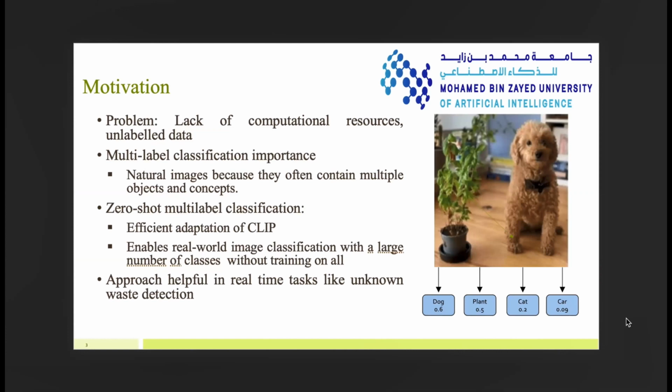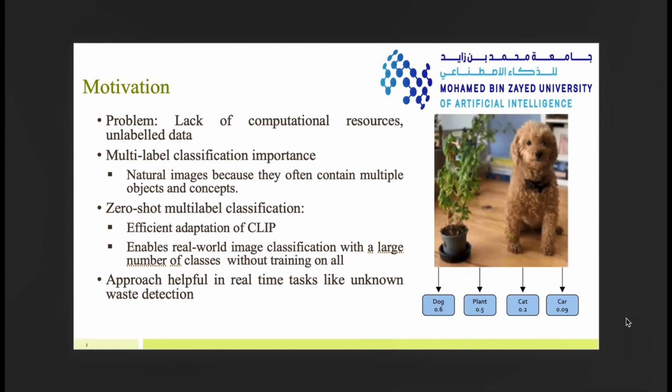On top of it, in the multi-label scenario, it gets more complicated because the same image can contain multiple unseen labels, and our task was to improve this recognition. This was basically our motivation to work in this domain.